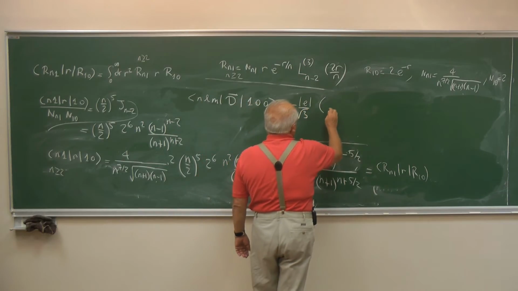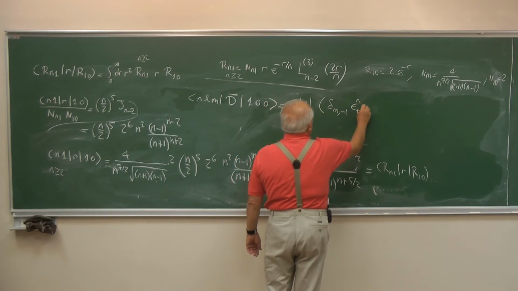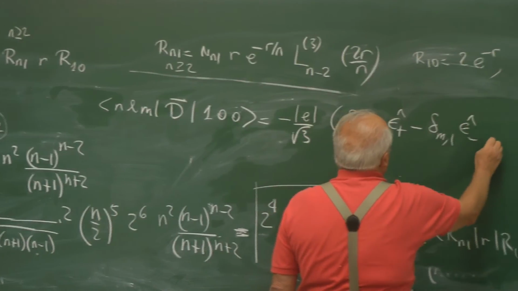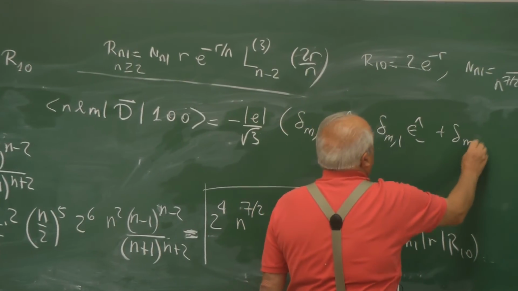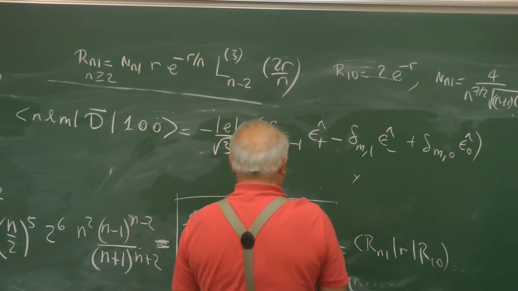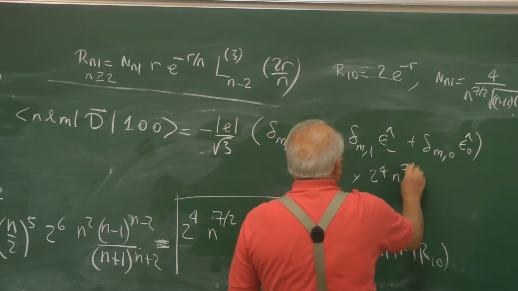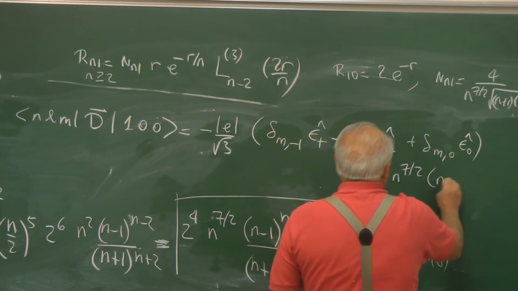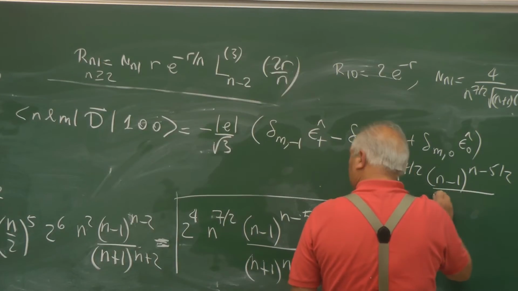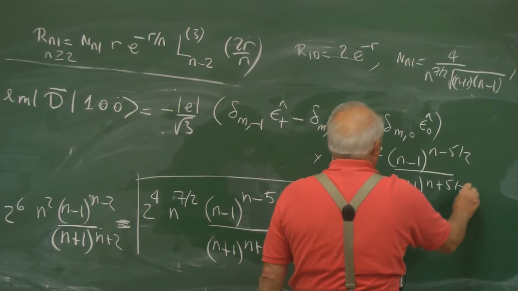The angular part, this is delta m minus 1 epsilon plus minus m1 epsilon minus plus delta m 0 epsilon 0 times this thing, 2 to the 4 n 7/2 n minus 1 n minus 5 over 2 over n plus 1 n plus 5 over 2.